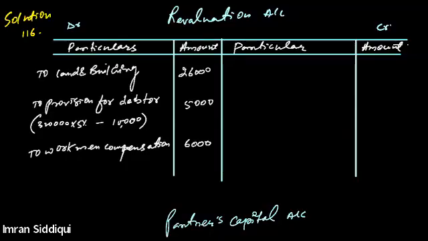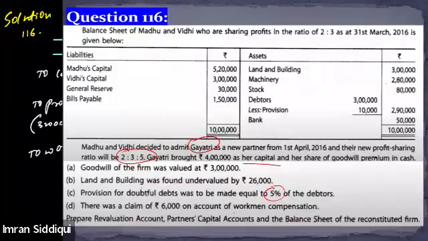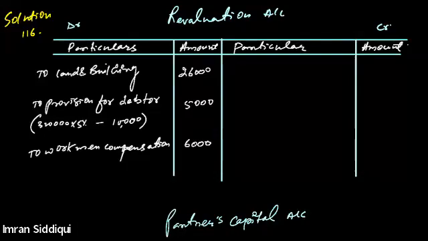Okay, now we need to find the balance of the revaluation account. That will be 26,000 plus 5,000 plus 6,000, which is 37,000, I guess. And this will be distributed between Madhu and Vidhi in their old profit sharing ratio.